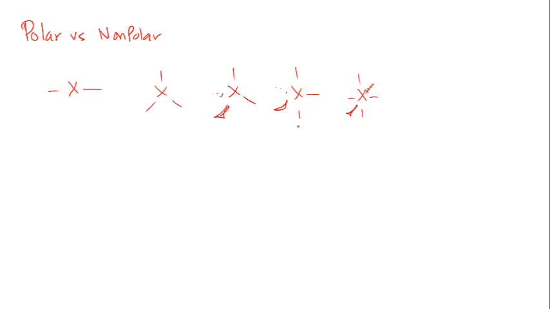If they don't have the same atom bonded, or if there's a lone pair at one of those positions, then the molecule will most likely be polar, as long as the bond dipoles don't cancel each other out.